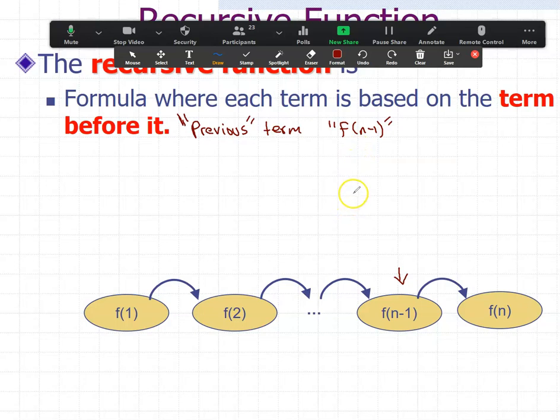Think about, let me come up with an example here, like f of n, f parentheses n. Say you are an 11th grader right now. If you go backwards, that means last year you were a 10th grader, and we denote it by f parentheses n minus 1.